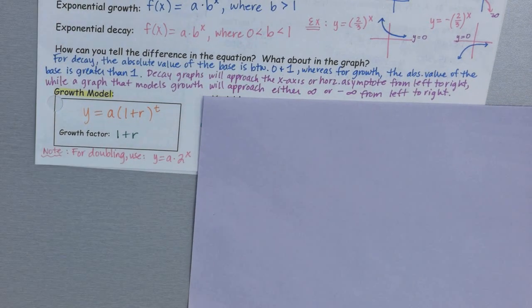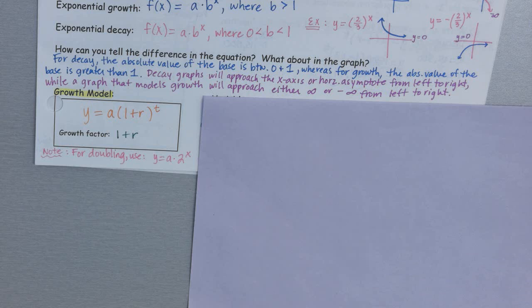All right, so the growth model is y equals a multiplied by the quantity 1 plus r to the power of t. And in that growth model is something called a growth factor, and that is going to be that quantity 1 plus r. In some cases, when you're doing a model, you might have a doubling situation.